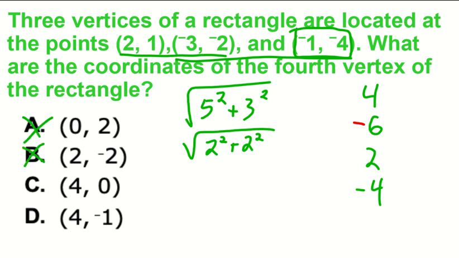So just right there, I eliminated 2 of them, right? All right, so for these first 2, I did 5 away. That means the other one would have to be 1. Hey, look, that's D.